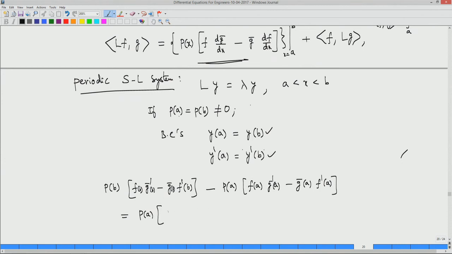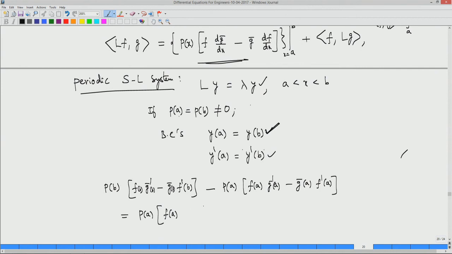Now F(b) equals F(a), if you apply this boundary condition, where F and G are two solutions of this system. This equation with these boundary conditions gives the first boundary condition, so now I can replace F(b) with F(a).